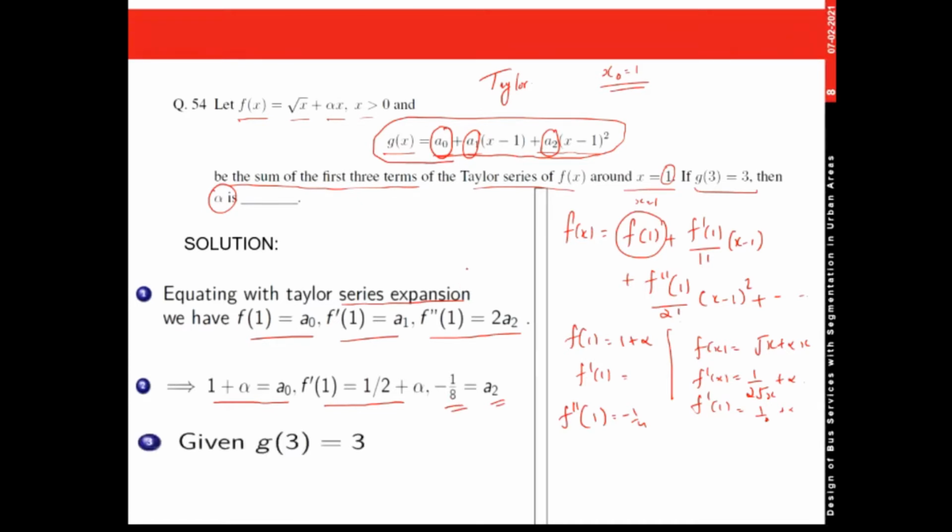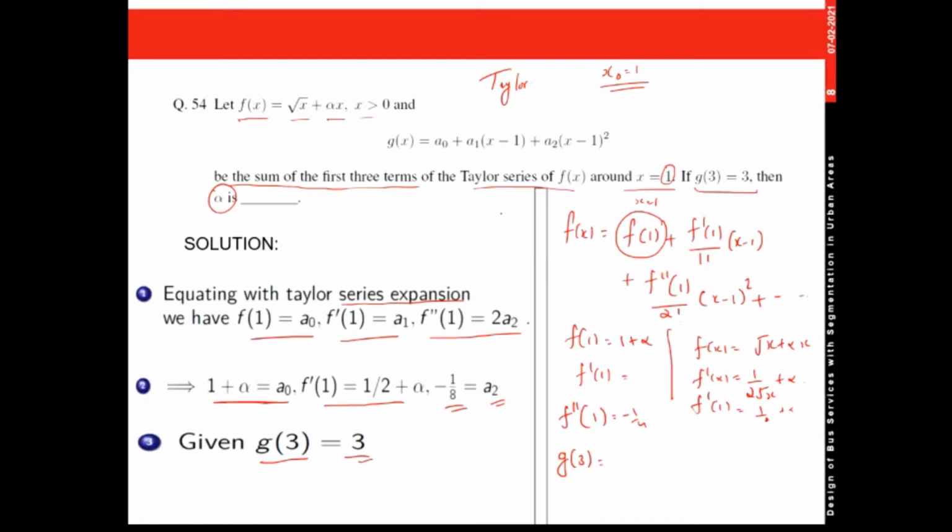Okay. Now given g of 3 is equal to 3, we can substitute this value in g of x.